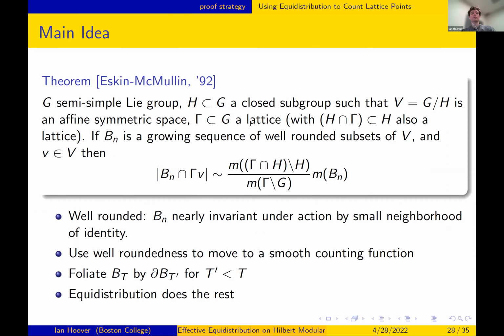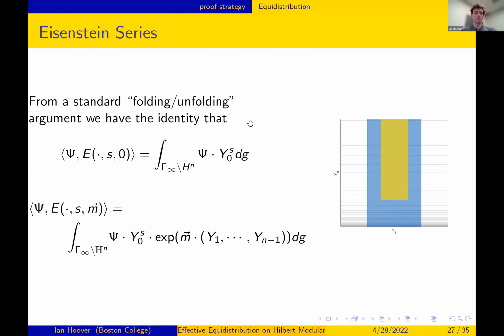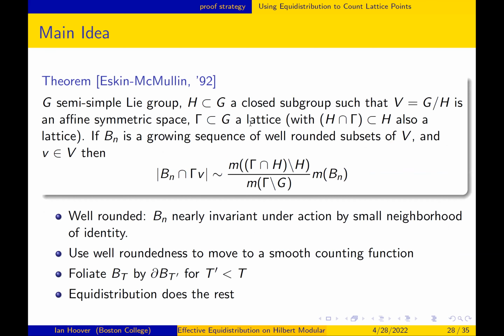So the next piece of the presentation is talking a bit about how we use equidistribution to count, which some of us are more familiar with than others, but the main idea is almost classical.